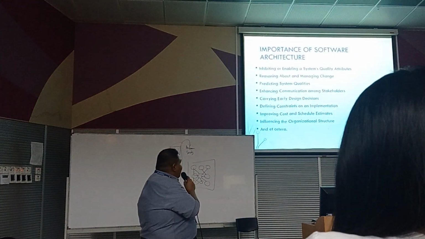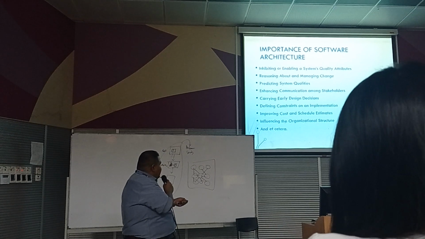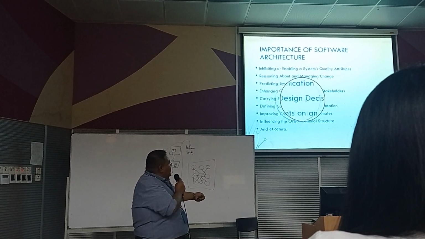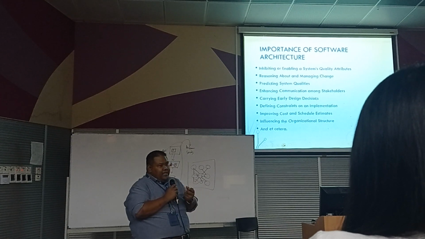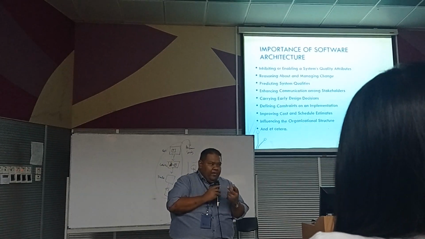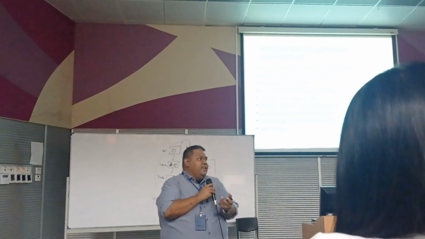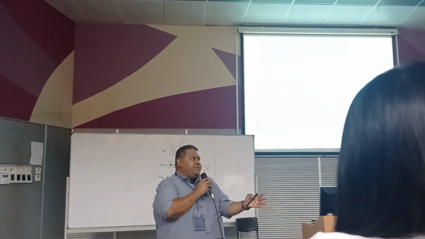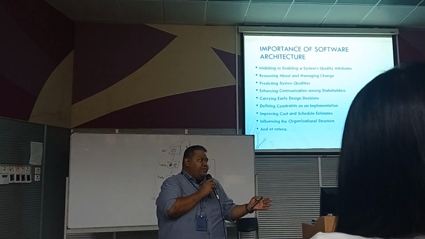Okay, number 5, carrying early design decisions. Architecture becomes a very important basis for design. Whatever you do in design must be within the framework of the architecture. It cannot break the rule of the architecture.